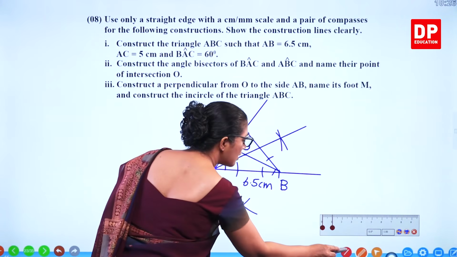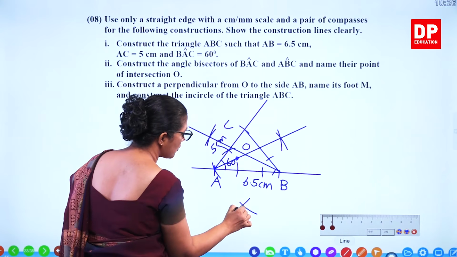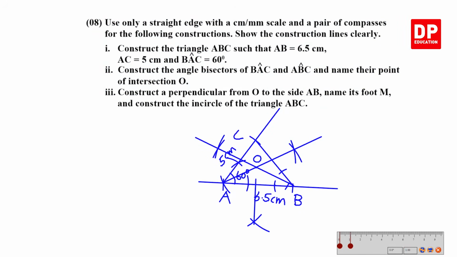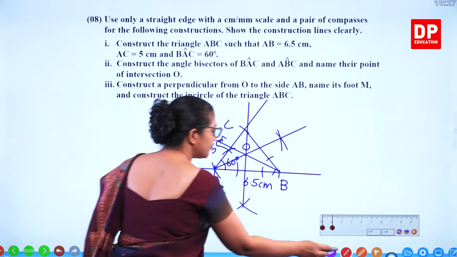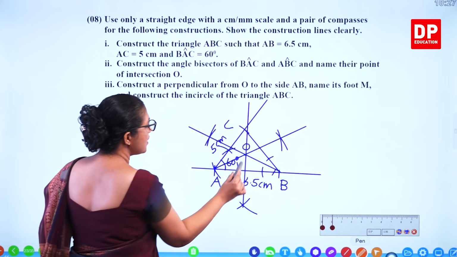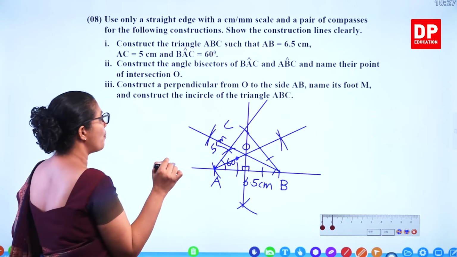Now connect O with this point and extend that. So this is the perpendicular drawn from O.